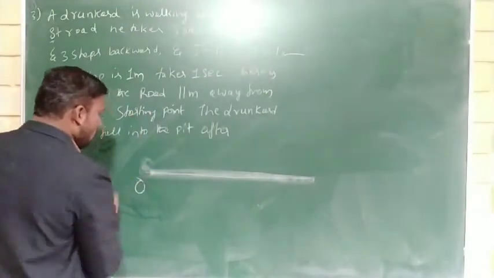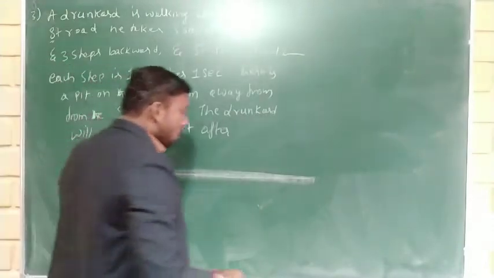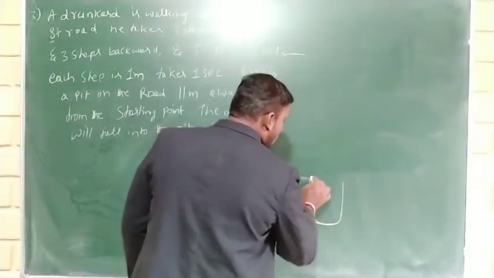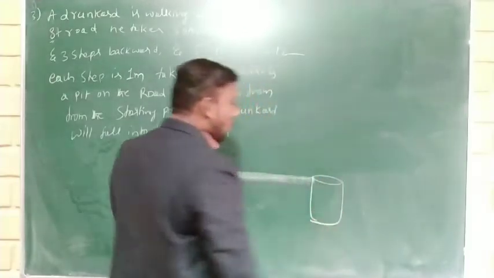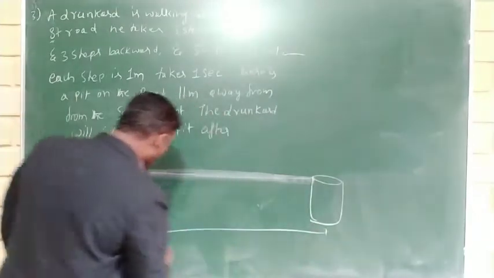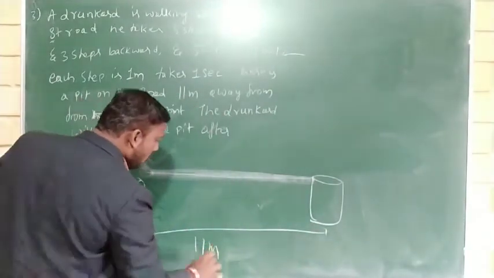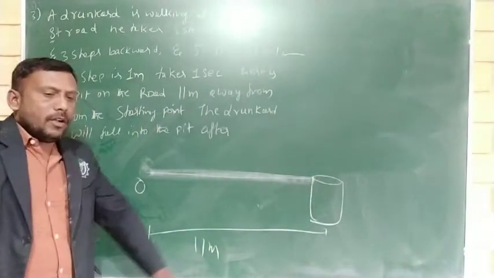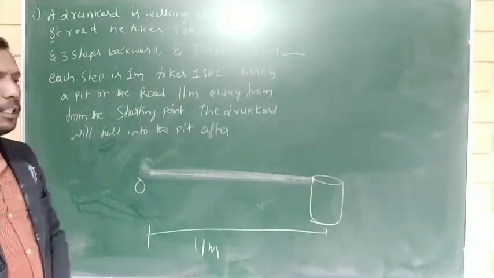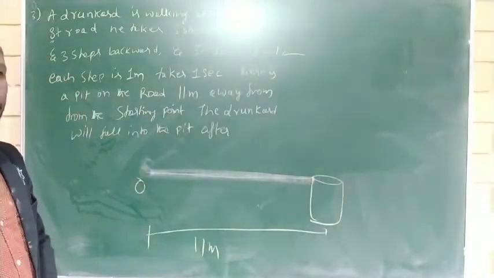Here, this is a straight road. This is the origin. From the origin, there is a pit on the road at a distance 11 meter. The drunkard walks on the straight road. He takes 5 steps forward and 3 steps backward.